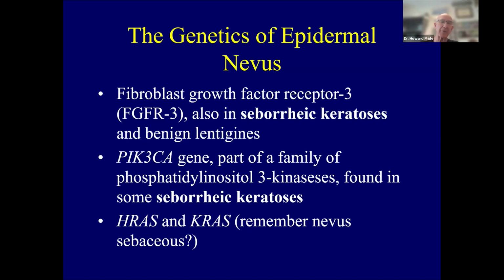Then around the neck and the upper chest, it has the look of an epidermal nevus. So it's not just the genetic abnormality; it's the geography of where it is on the body that gives its phenotype. Really, really fascinating.